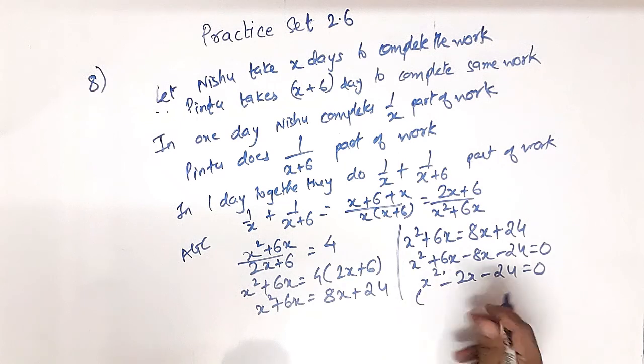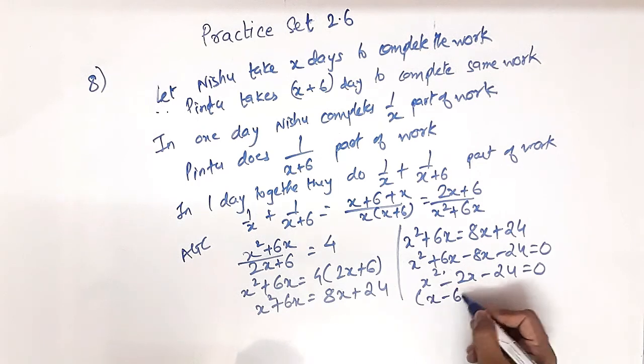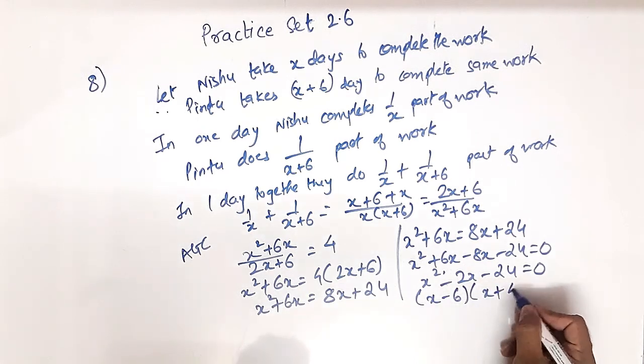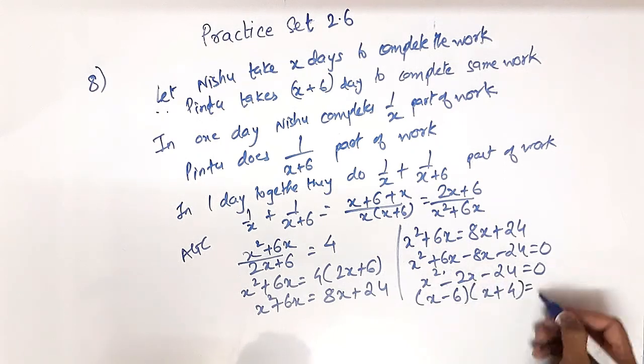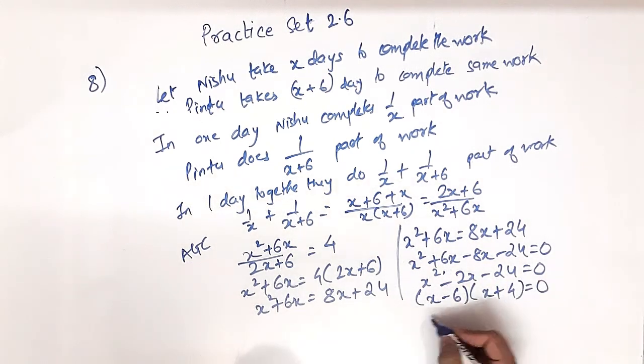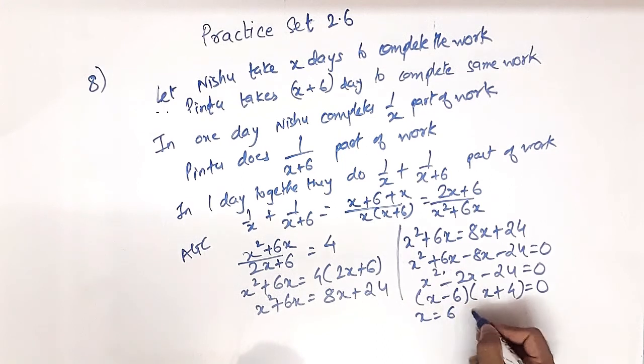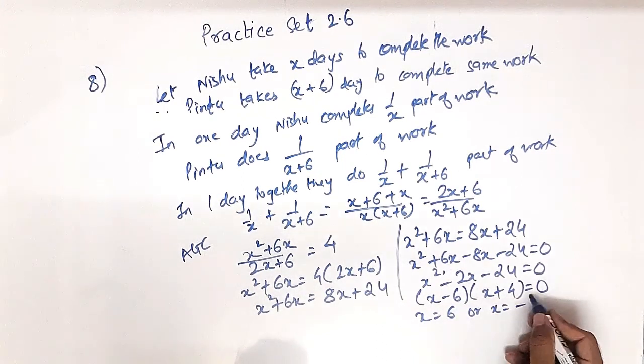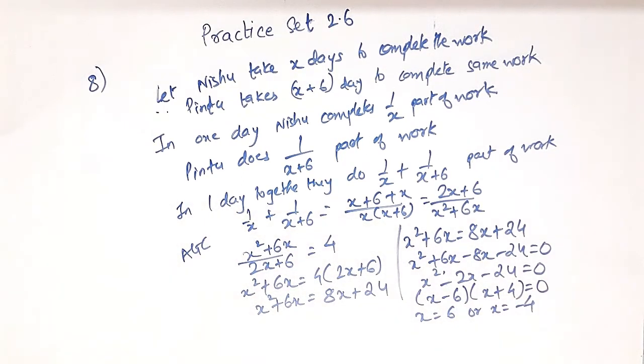Very simple. What will be the factors of 24 such that the difference is 2? Very simple. x minus 6 and x plus 4 will give me minus 24 and addition will give me minus 2. So x is equal to 6 or x is equal to minus 4.